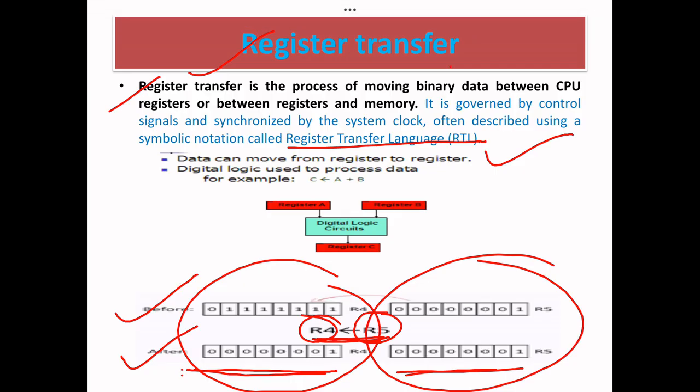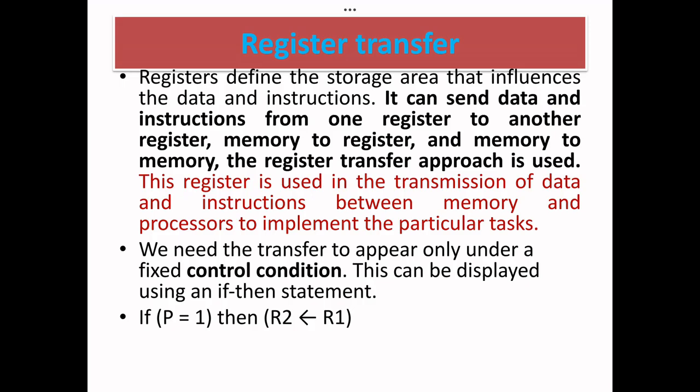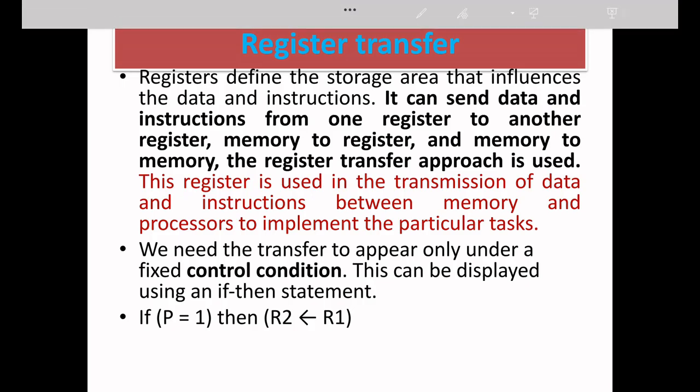Later I will show you one example. Now see here, what I told: a register defines the storage area that holds the data and instructions. So it can send data and instructions from one register to another register, memory to register, and memory to memory.